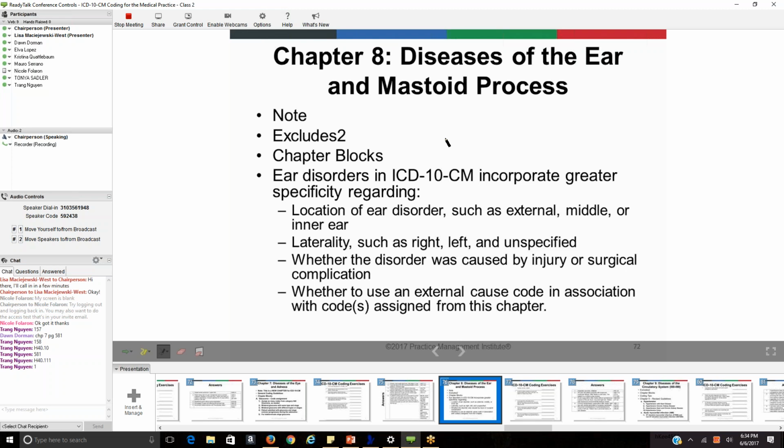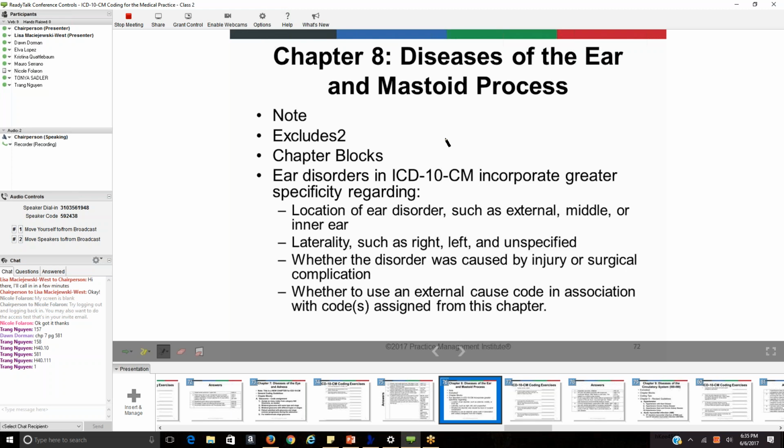This is a new chapter in ICD-10, and back in ICD-9, diseases of the ear appeared in the nervous system section because they didn't have room for diseases of the ear to have their own chapter. There are no chapter-specific guidelines for this chapter at the current time, like there is in the eyes, where we have that chapter-specific guideline for glaucoma.